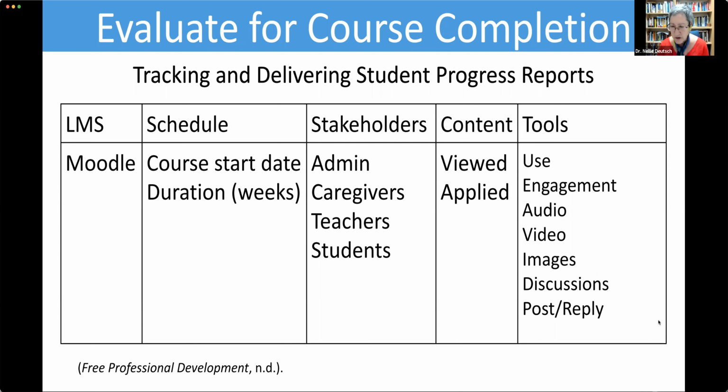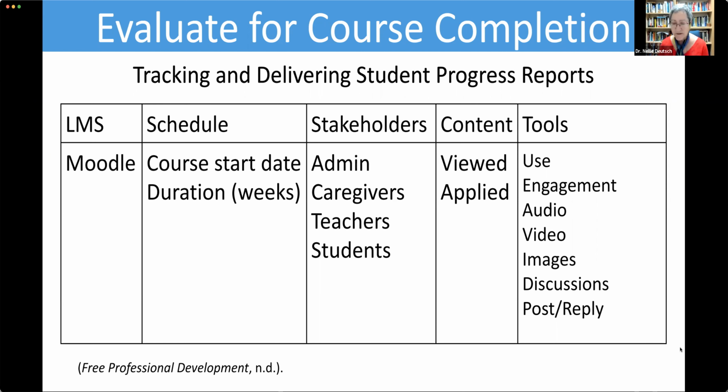For the content, you can find out what content was viewed most. If you're interested in knowing whether this particular video or this particular assignment was well received, you can get that information straight from Moodle, and also about the assignments. You can also get information about the tools and the engagement.